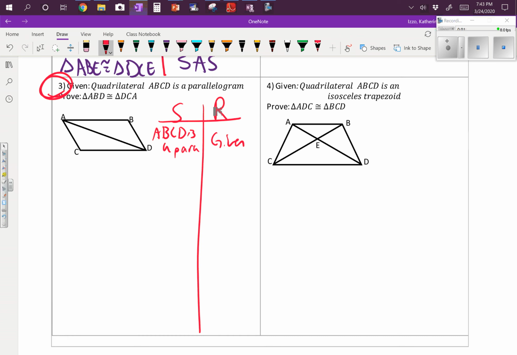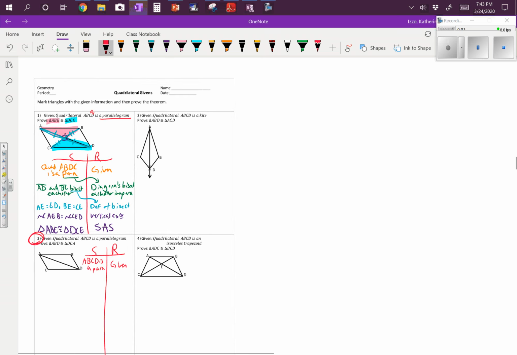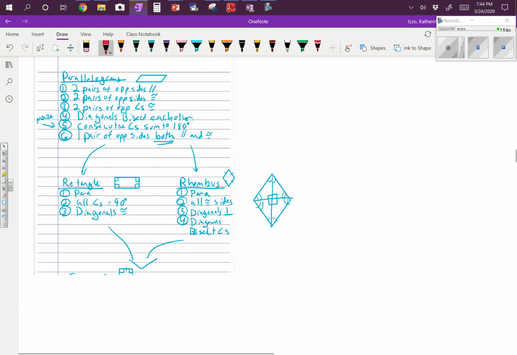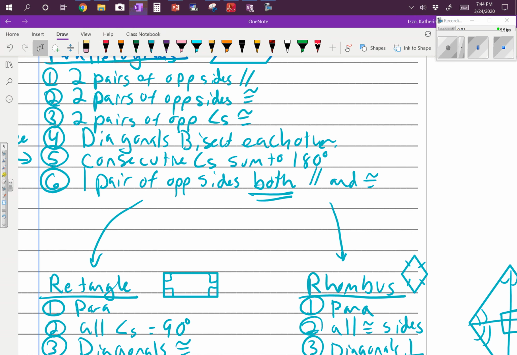Nothing? You don't know a single thing about parallelograms? Well, if you don't have any clue about parallelograms, you have to go back to the chart and take a look at it. Parallelograms: two pairs of opposite sides are parallel. That'll give us some angles if you want angles.